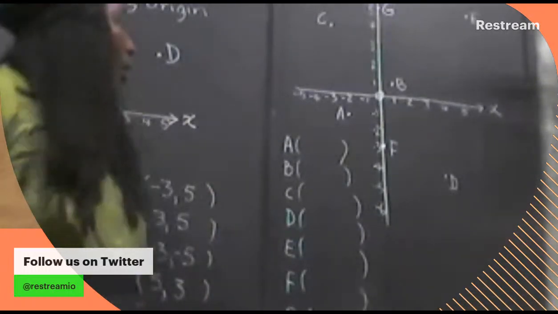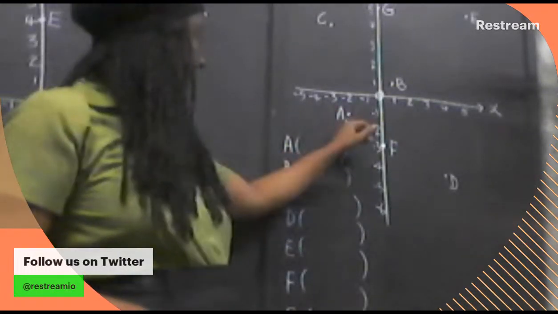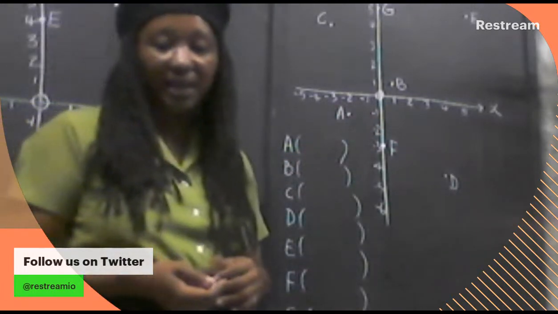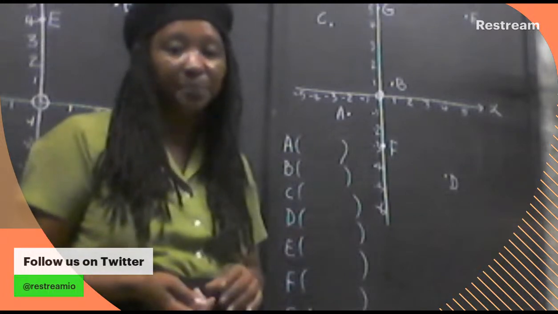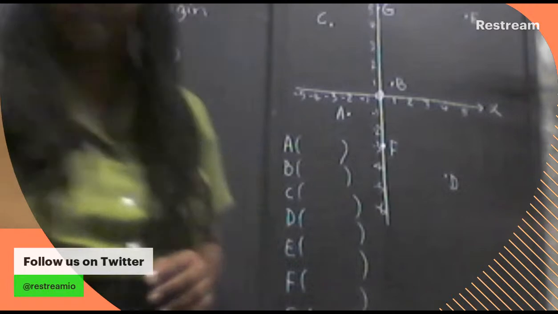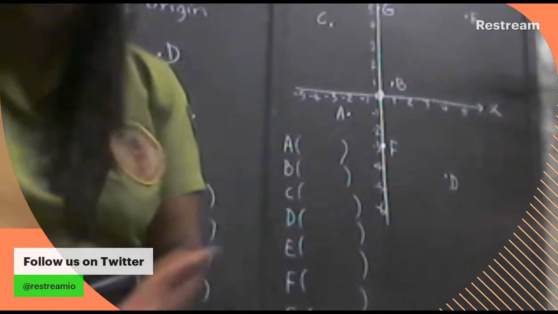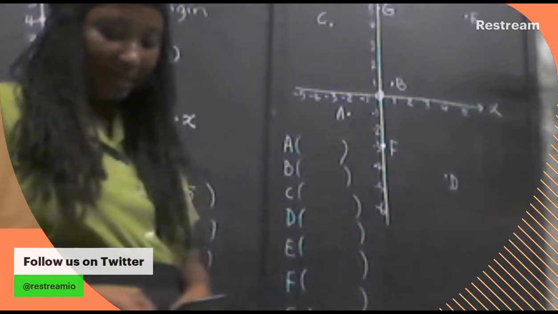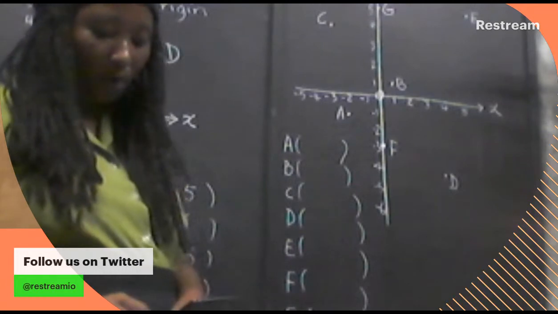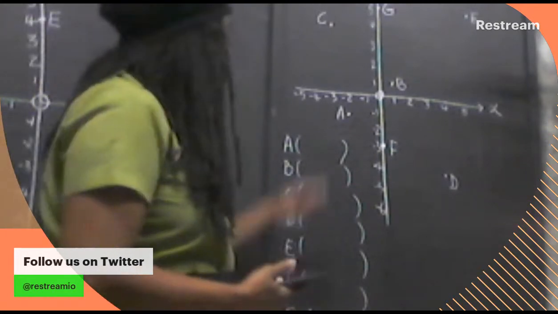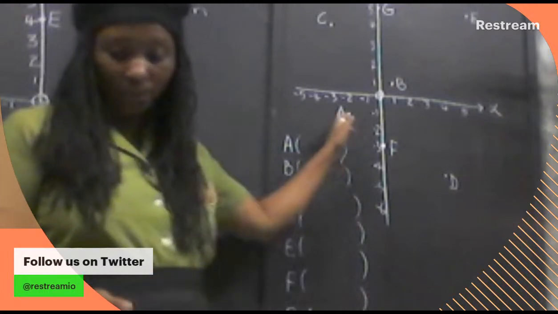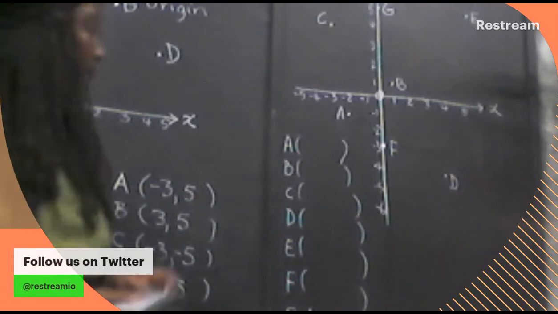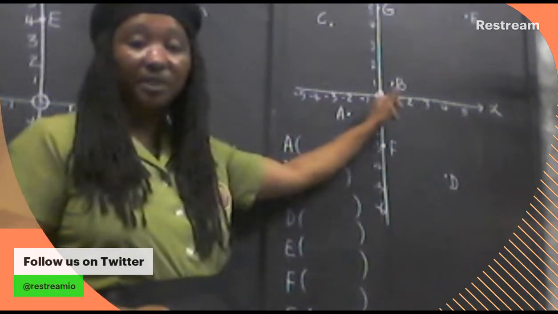So point A, here is point A. Remember, we start moving at the origin, and we move on the x first, and then we move on the y, right? So look where point A is, and see if you can figure out how much we moved on the x and how much we moved on the y. Remember, we start moving from 0, 0.